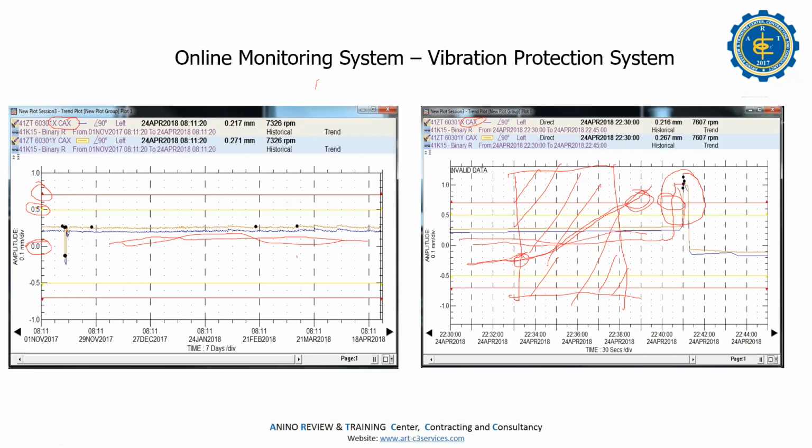The balancing was good. Because it is already a cracked fan, I have to monitor every day, and we don't have an online monitoring system on that fan.